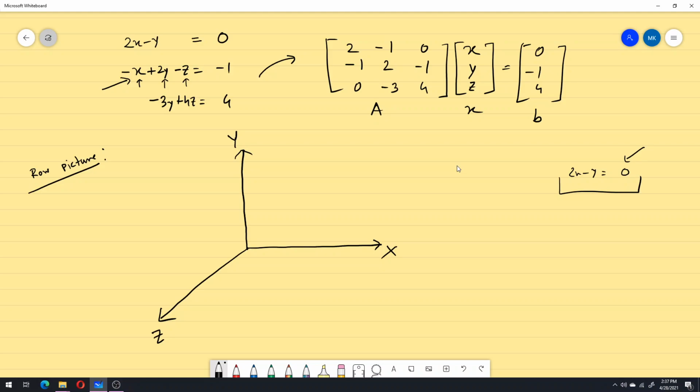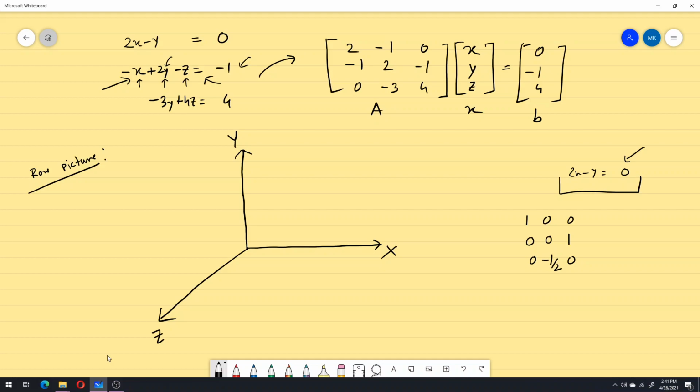But here you will see, if you try to draw this equation on this 3D coordinate system, you'll get many points like 1, 0, 0, then 0, 0, 1, then 0, negative half, 0, points like this.